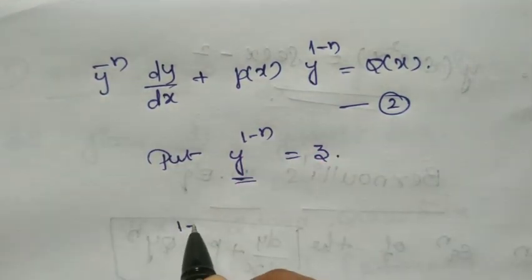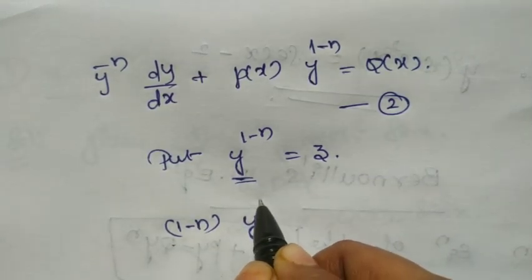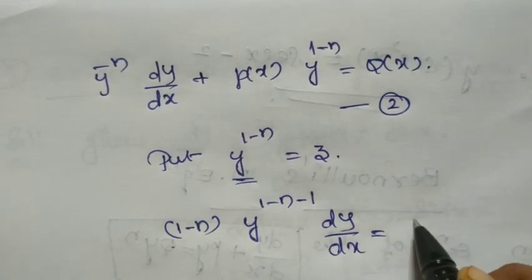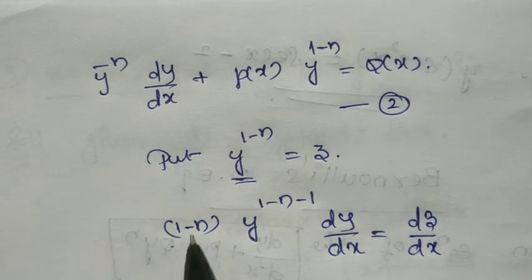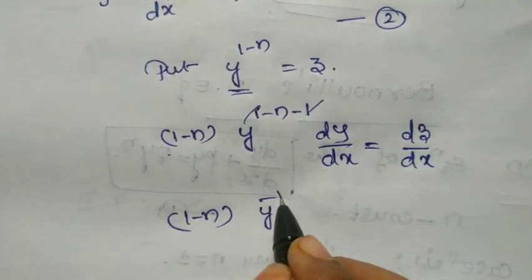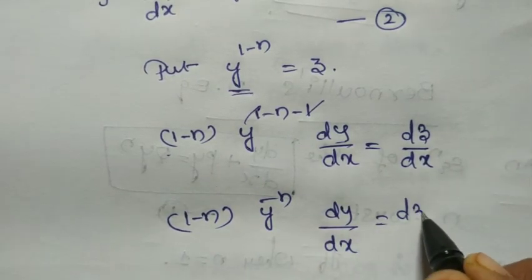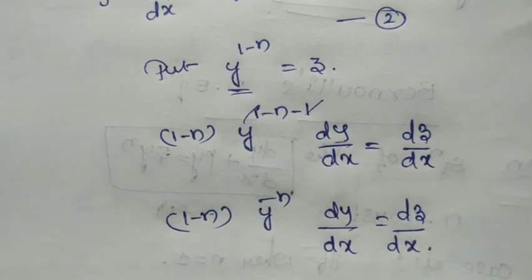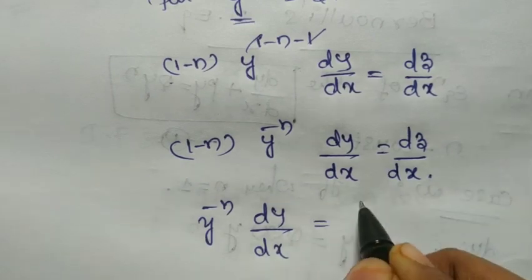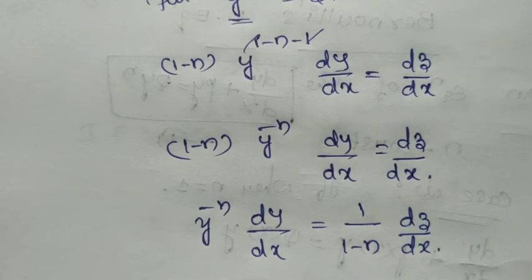So (1-n)y^(1-n-1) dy/dx = dz/dx, that is (1-n)y^(-n) dy/dx = dz/dx. Therefore y^(-n) dy/dx = 1/(1-n) dz/dx. This is equation 3.